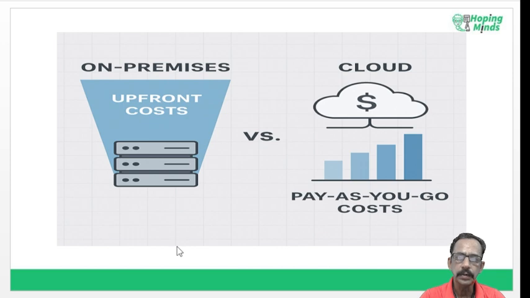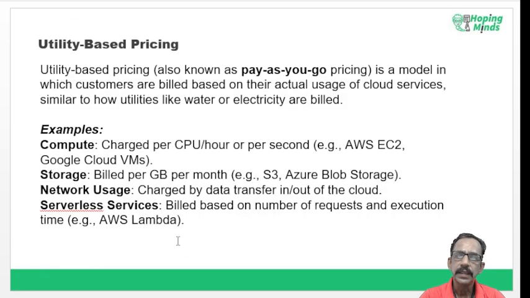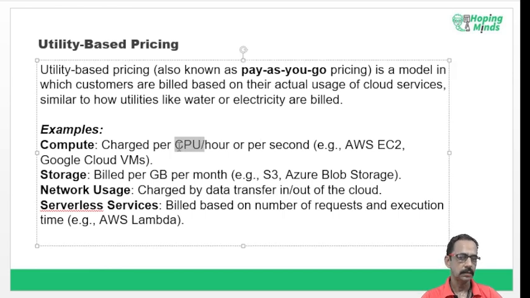One more term I want to add here, that is utility based pricing. We have seen all the benefits of cloud economics, but it has a finer granularity. If you are taking any CPU from the cloud provider, you have to pay per hour for what you have used.